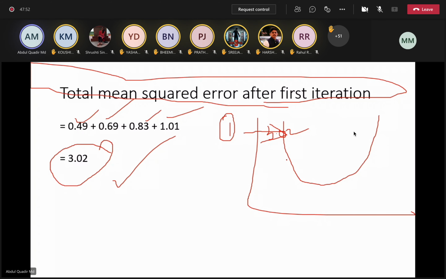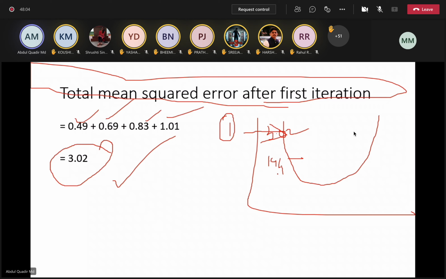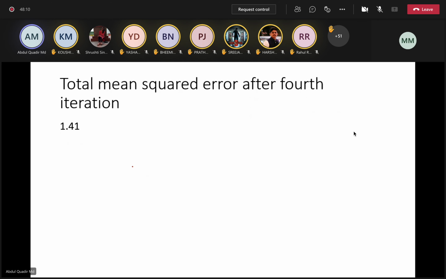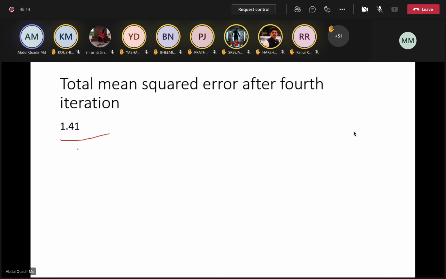From 3.02, my error has been reduced to 1.94. Then after the third iteration, the error is 1.55. Then after the fourth iteration, it has been reduced to 1.41.